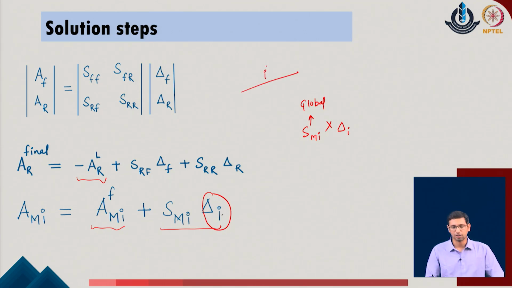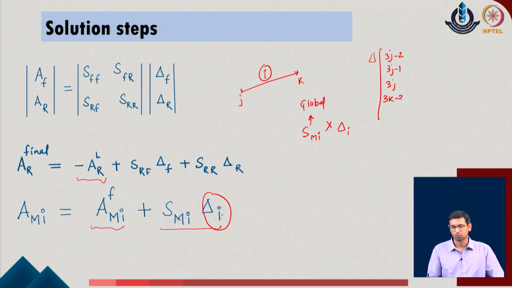So, if I say that the ith member has two joints j and k in the given problem, I can now locate out of the delta the individual values with respect to 3j minus 2, 3j minus 1 and 3j, and 3k minus 2, 3k minus 1 and 3k. At these respective positions I will pick the values and they will be the delta I for the given system.